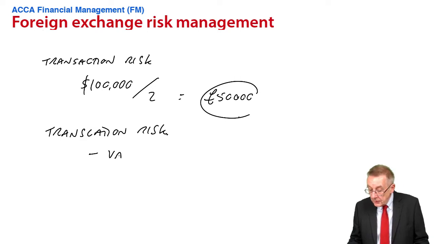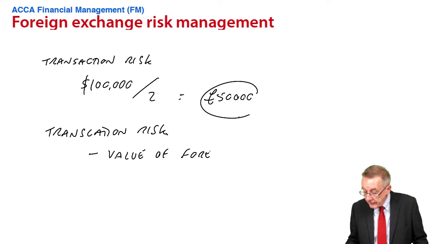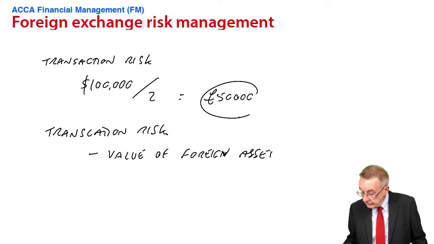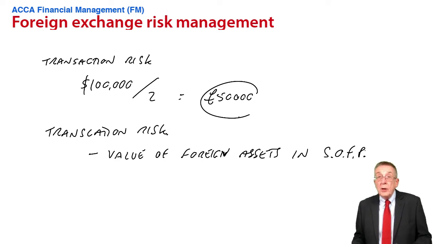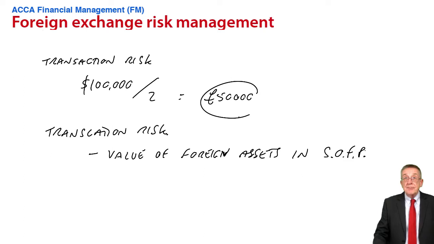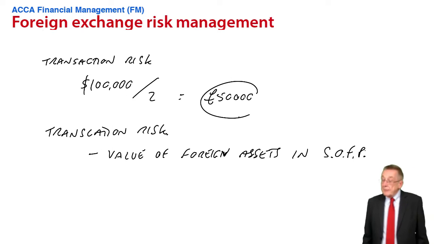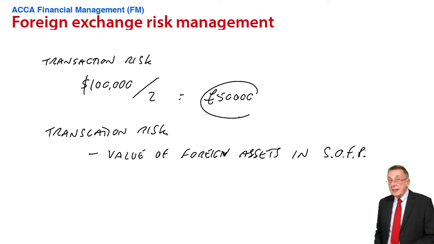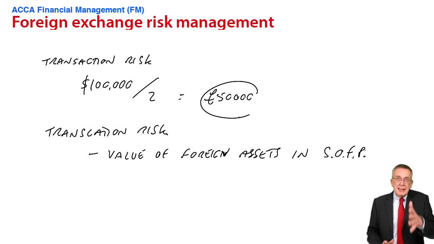It's the value of foreign assets in the statement of financial position. Now, although be aware that exists, for the financial manager, for paper F9, we're not worried about that because it's only a book gain or loss.